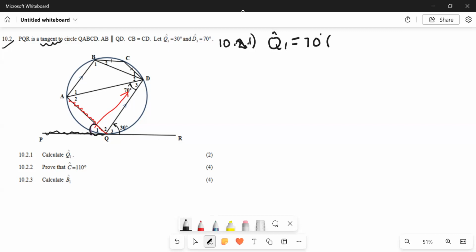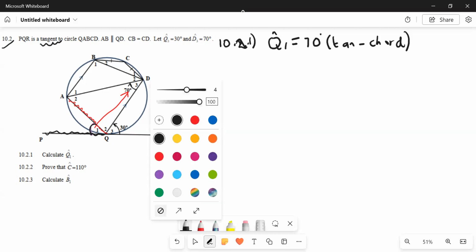The reason: tan chord theorem. Then from there, we're done finding Q1. Now 10.2.2, prove that C is equal to 110.